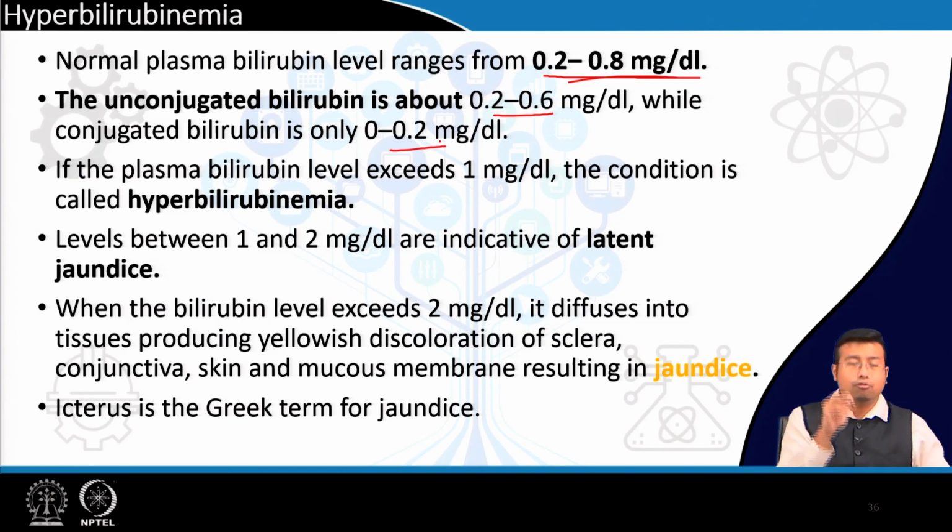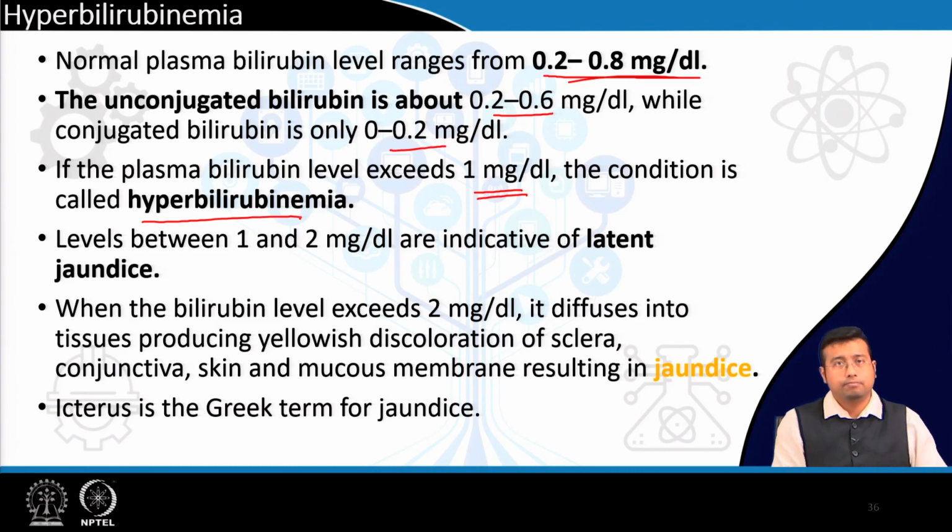Okay? In a situation where it exceeds 1 mg per dl, this is referred to as hyperbilirubinemia, meaning more bilirubin. When the value crosses 2 mg per dl, the bilirubin gets deposited in the white sclera and skin, and this is known as jaundice.